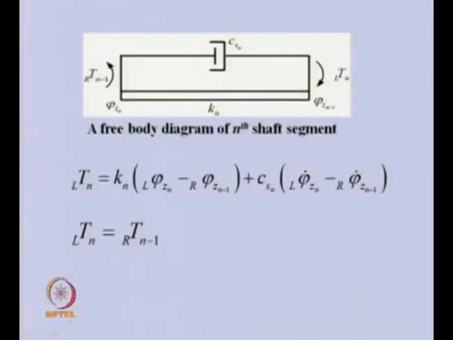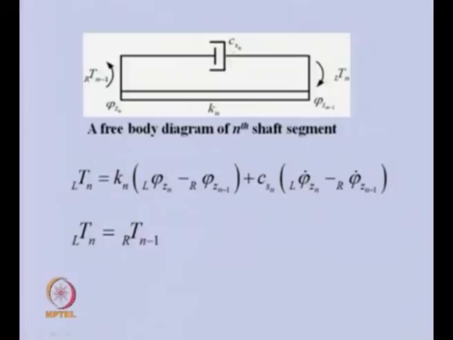So, let us see this shaft element, shaft segment, which has not only the stiffness property but also damping. For this particular damping factor, if we multiply it with the relative angular velocity of either end of the shaft, we will get the damping force.